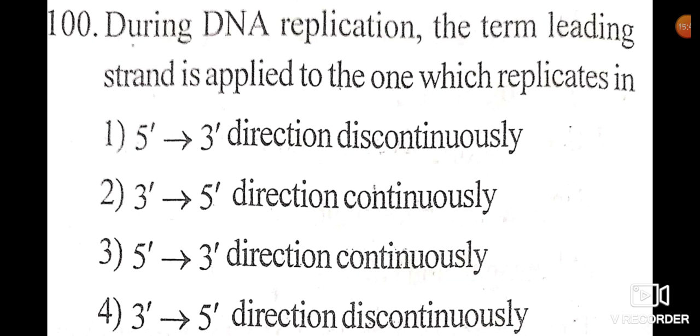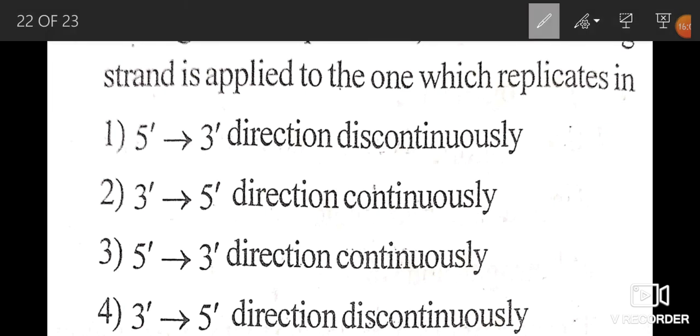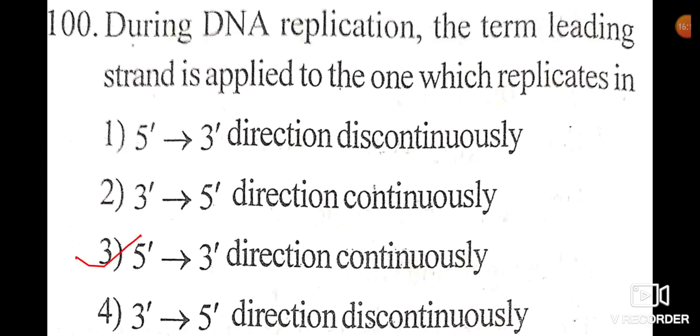Question number 100. During DNA replication, the term leading strand is applied to the one which replicates in... The right option is 3, 5 prime to 3 prime direction. It is continuously formed.